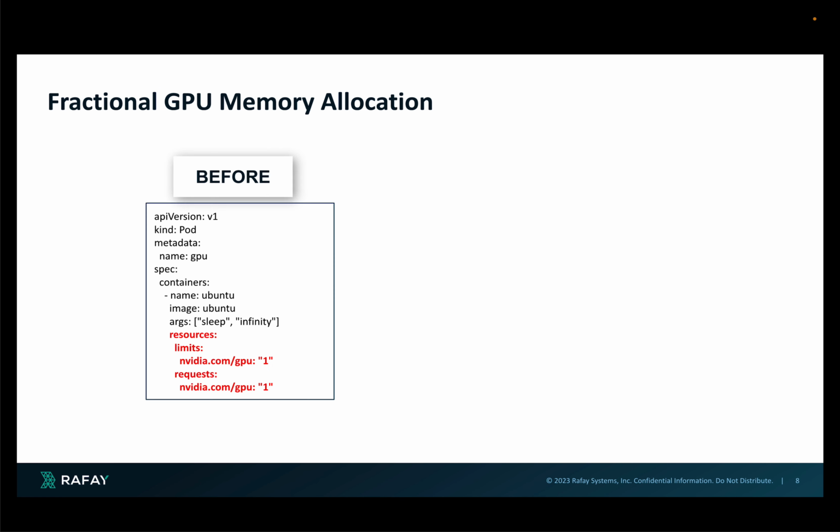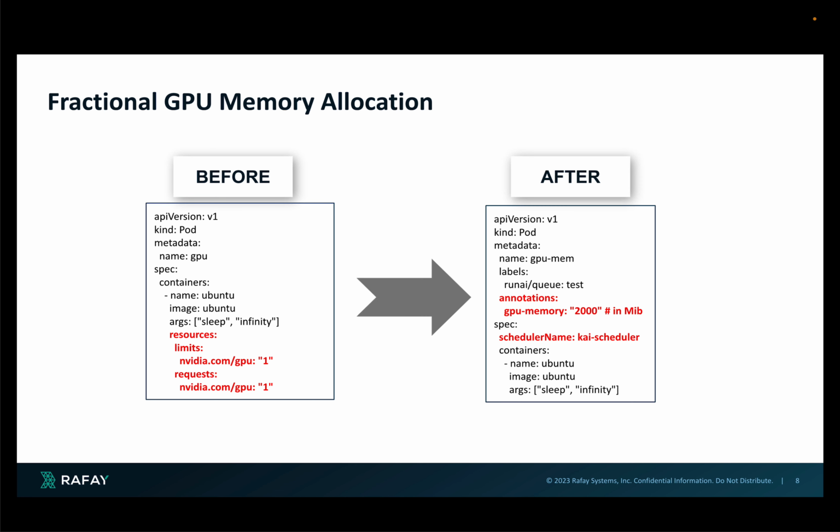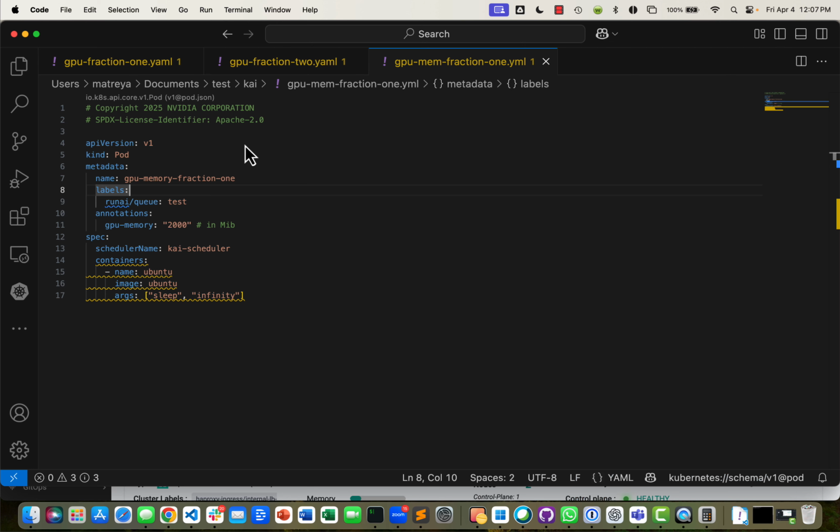So how do I specify this? Again, we saw how this is done before without the KAI scheduler. With the KAI scheduler, in the spec, you point to the KAI scheduler, and in the annotation, you simply specify your GPU memory requirement as, in this case, 2000, which is 2 gig of memory. That's pretty much it. And we'll see demonstrations of both in action in a few seconds.